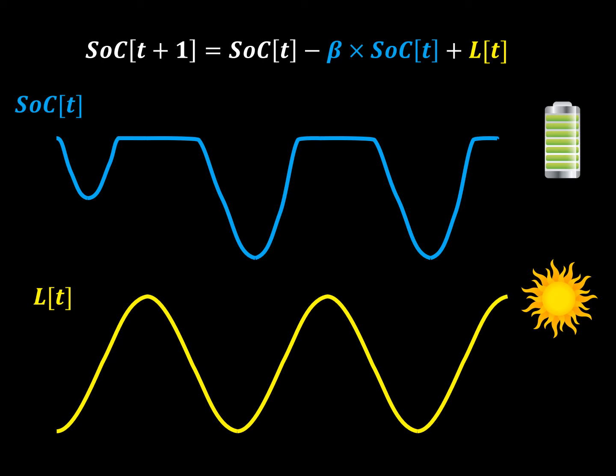Now you may have observed that the graph of the state of charge is flat from the top, and this actually represents the maximum charge of the battery. So the charge cannot go over 100% even though the luminosity is at its maximum value.